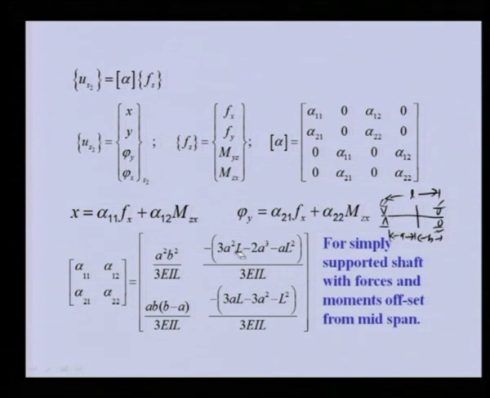L is the total length, E is the Young's modulus, I is the second moment of area, that is pi by 64 d to the power 4 if it is a circular shaft. So this is the influence coefficient which we can use. For other boundary conditions, we can use different influence coefficients.